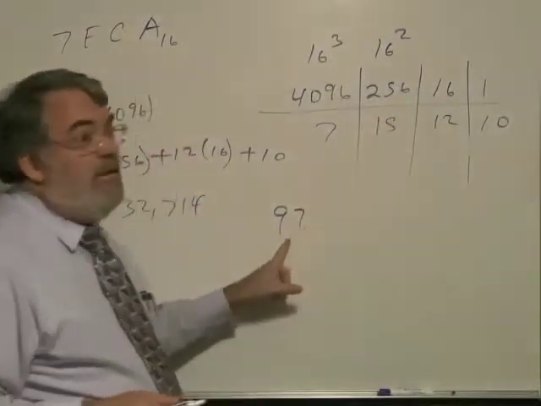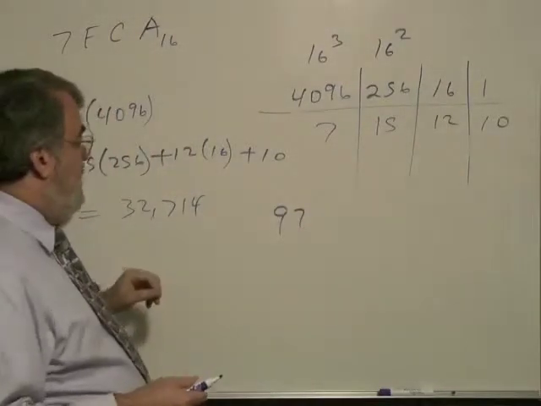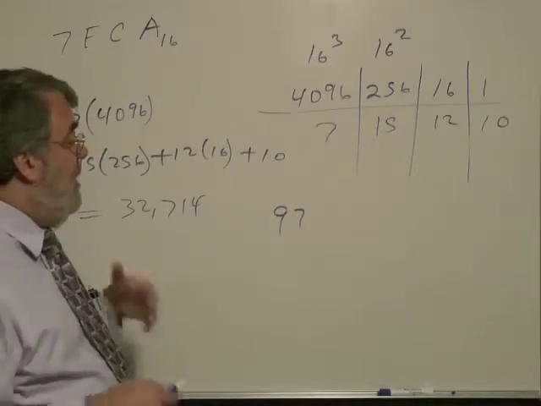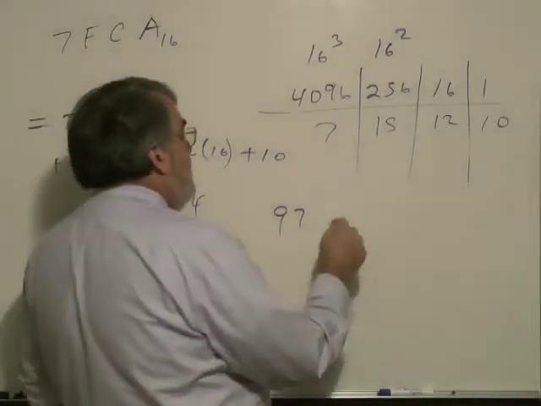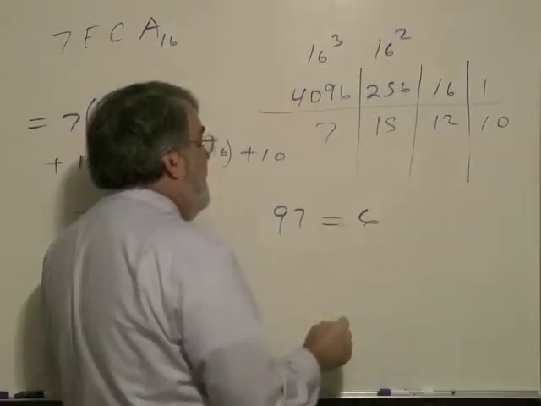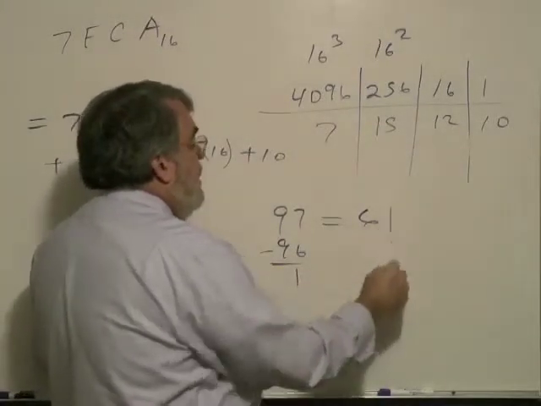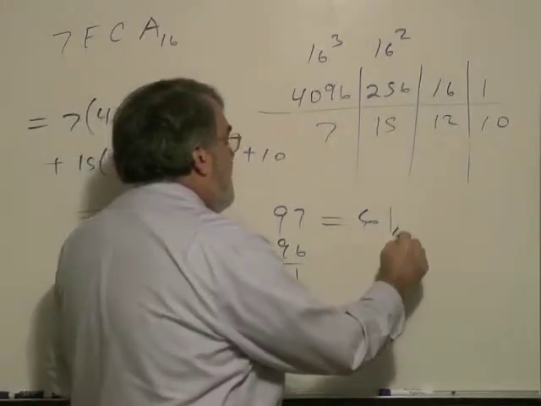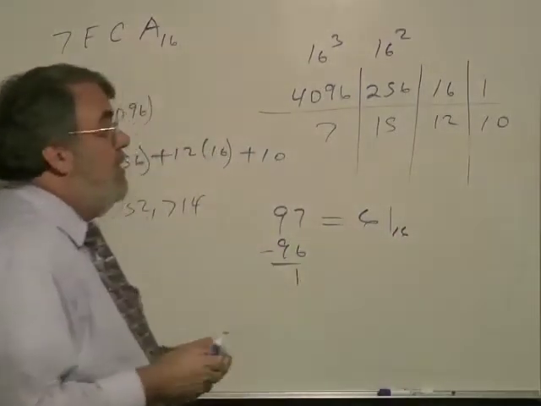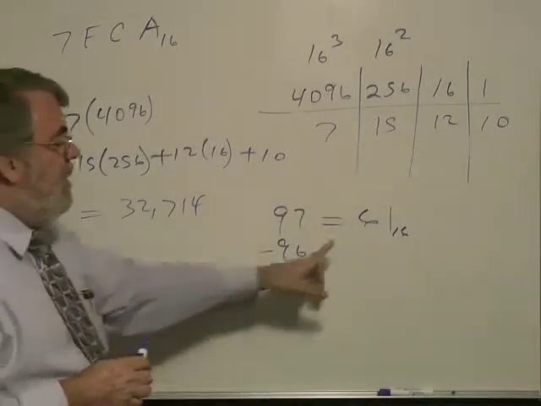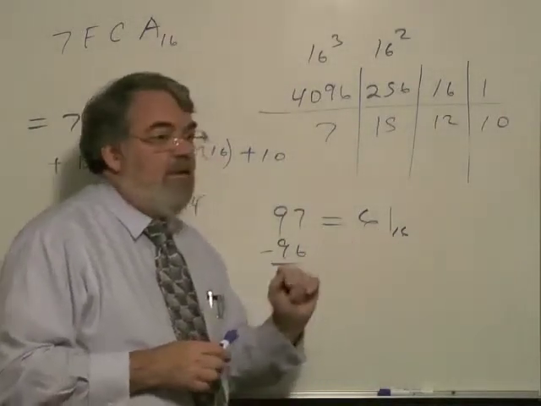Divide 16 into 97. Well, it goes 6 times. 6 times 16 happens to be 96. So this would be 6, and then the remainder is 1. So in hexadecimal, or base 16, 97 would be 61, base 16.